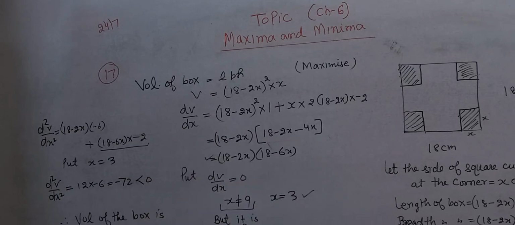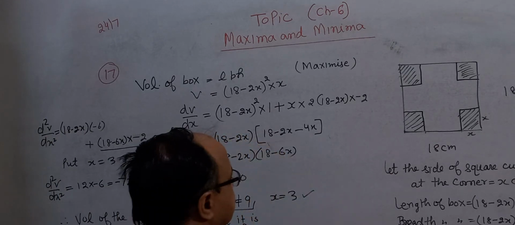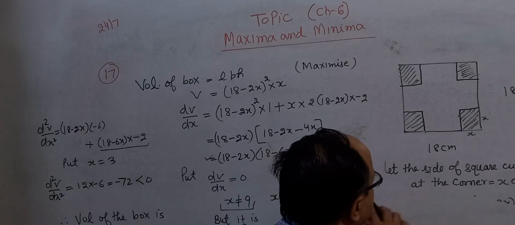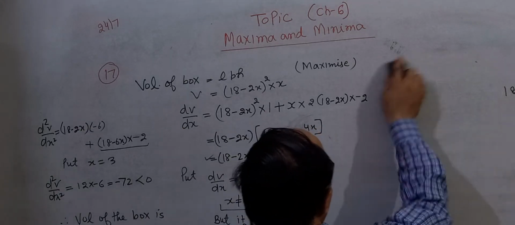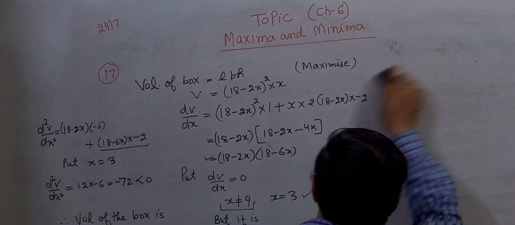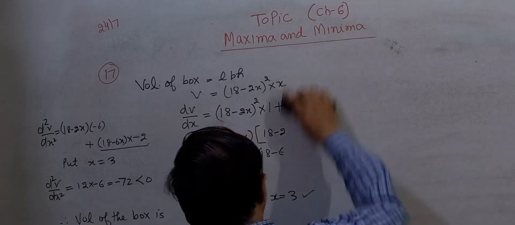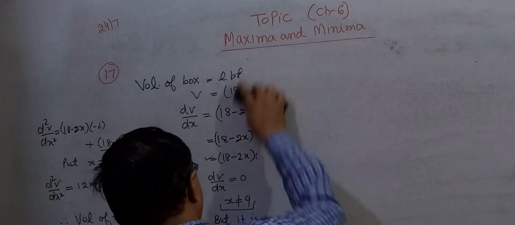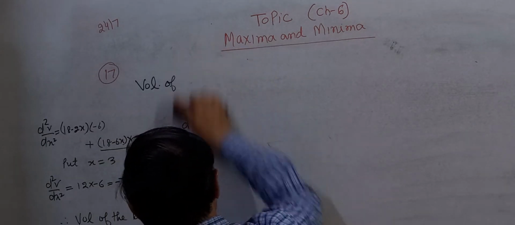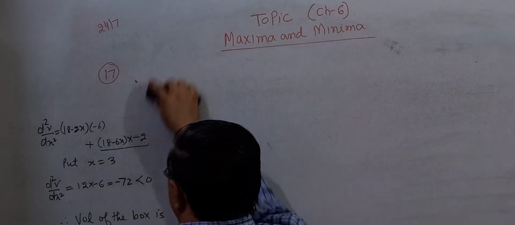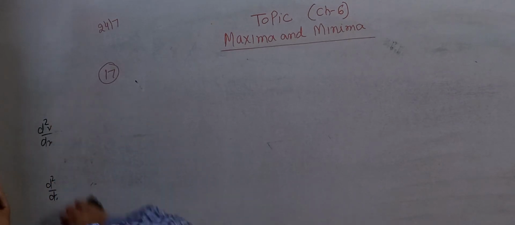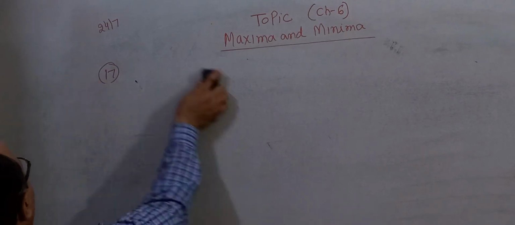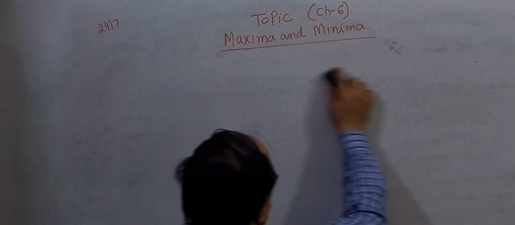Next question. Question number 18, same procedure, same question. In question number 18 the sheet is rectangular, same formula you can apply. Volume of the box is length into breadth into height.